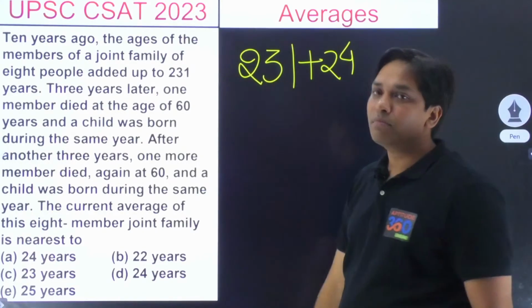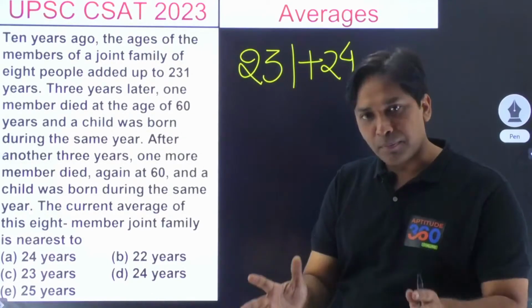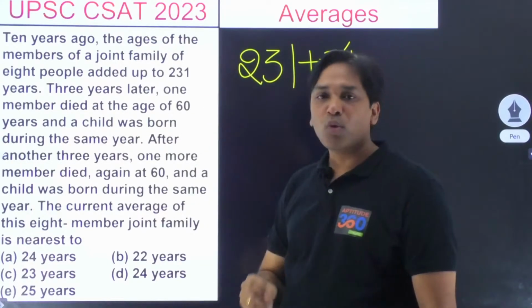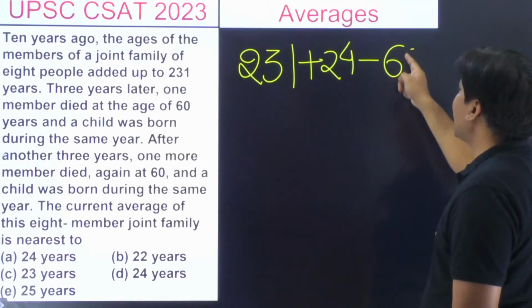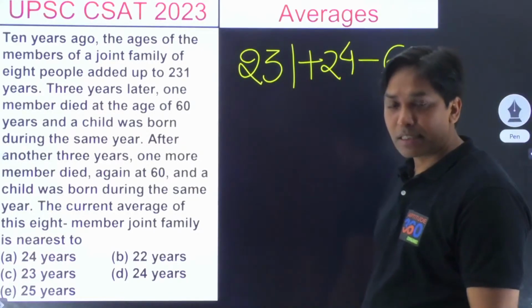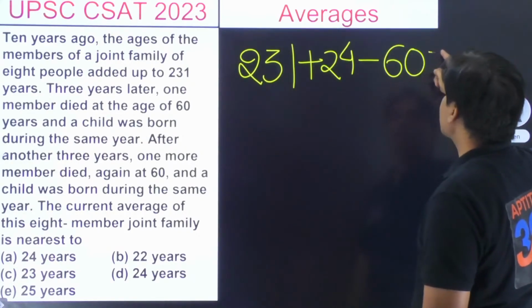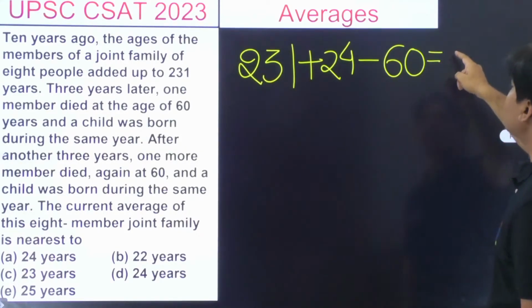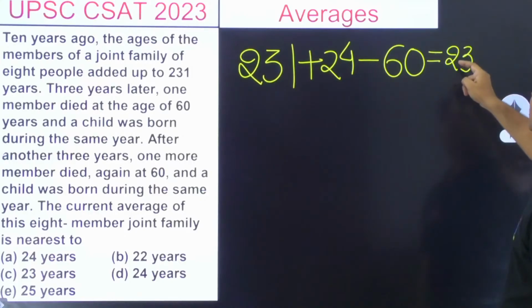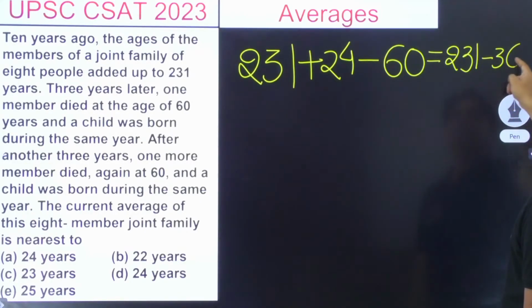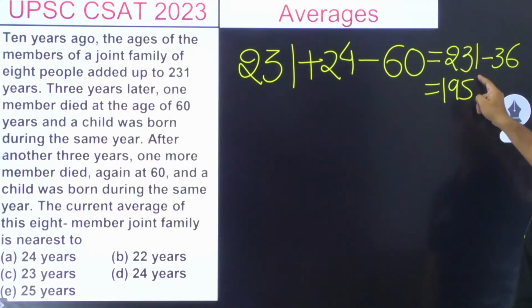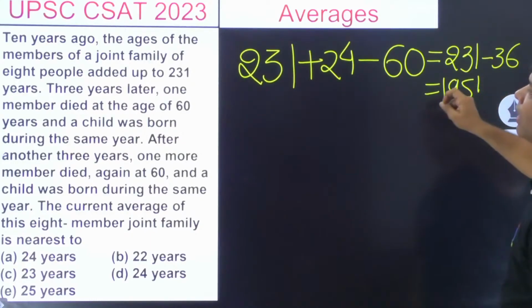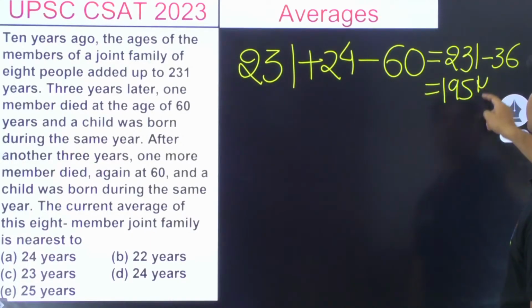Now the collective age of 8 members increases, and the problem tells you that one person dies. So that 60 has to be subtracted, and it is coming out as 231 minus 36, which simplifies to 195 years.